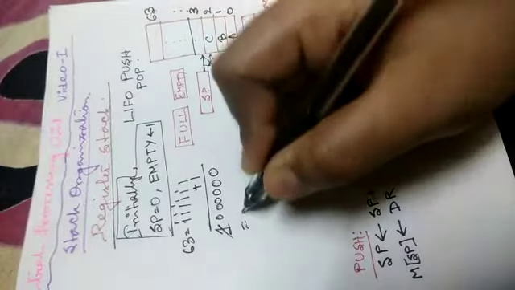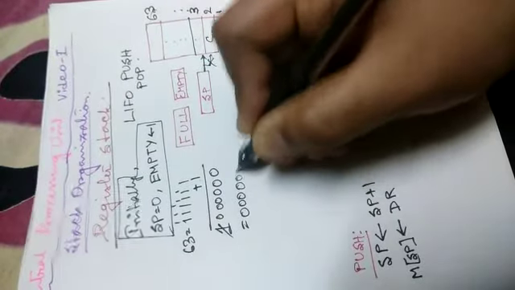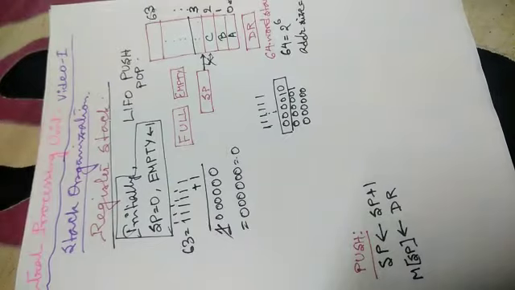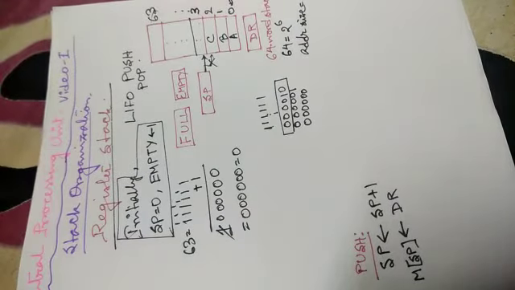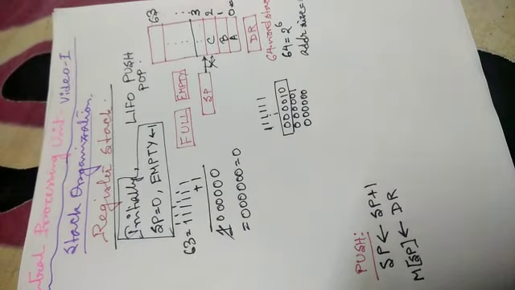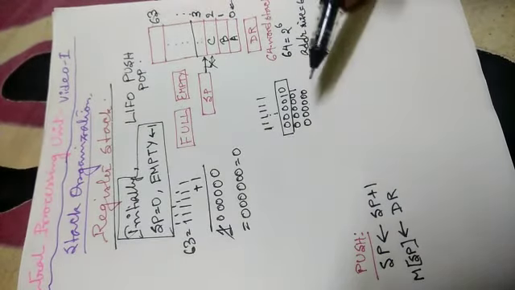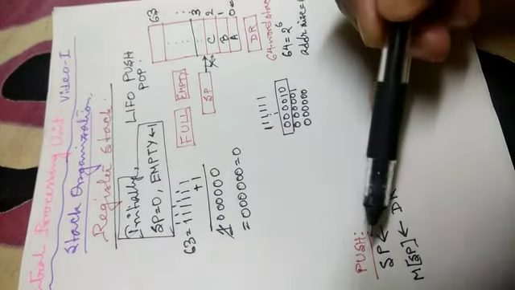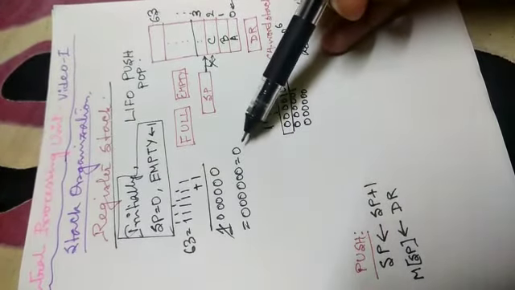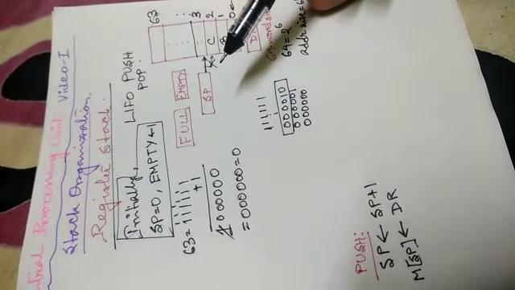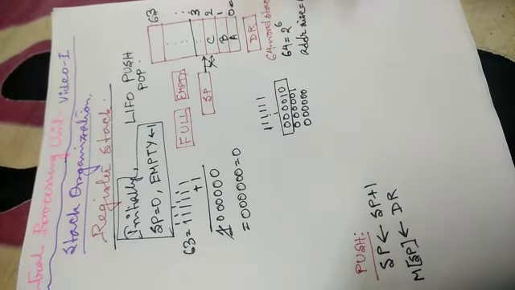It is basically 0 0 0 0 0 0. That means 0 address. To push a new data item, when we see that after incrementing this stack pointer by 1, this stack pointer is pointing to 0, that means the stack is full. Got my point?